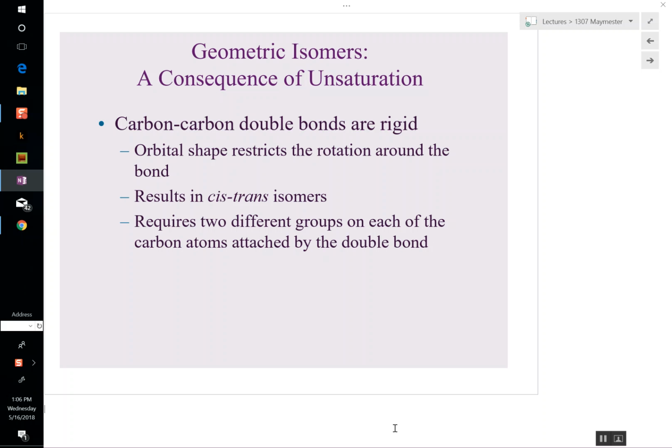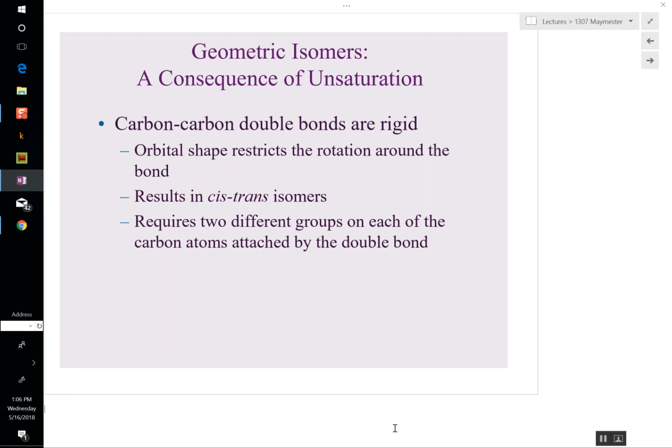So now we're going to introduce geometric isomers, just different geometries. And if I said we had a compound called 2-butene. All right? 2-butene.